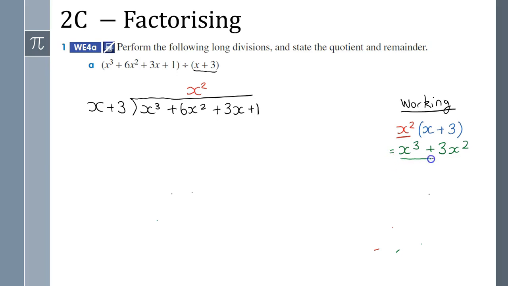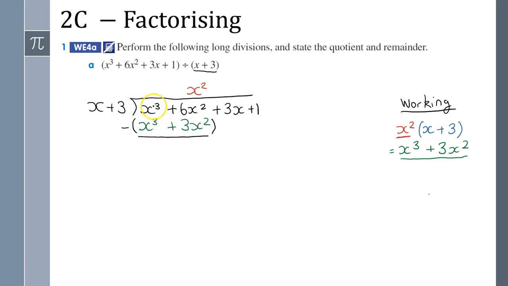And I'm going to take the answer that I got and put it underneath here. Notice how I'm lining up all my x cubed, all my x squareds. It is important in this that you keep it really neat, as it will make it easier for you. Okay, so what I'm going to do here is I am going to take this green bit away from the bit on top of it.